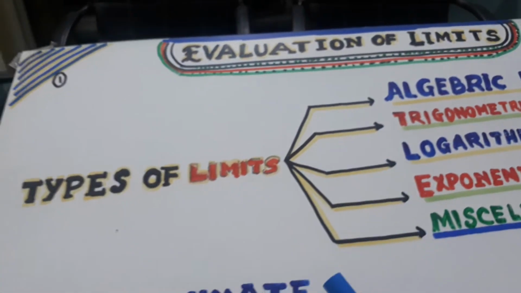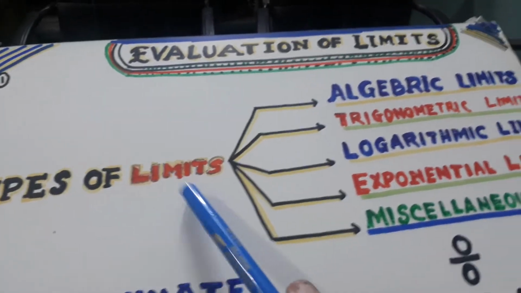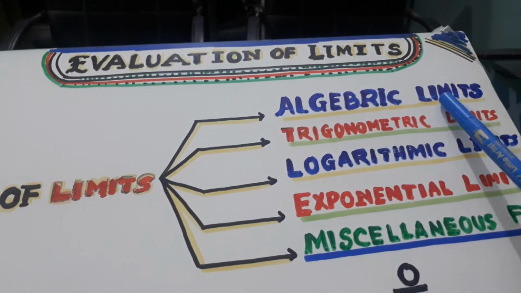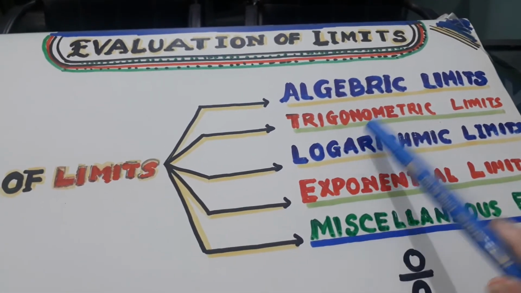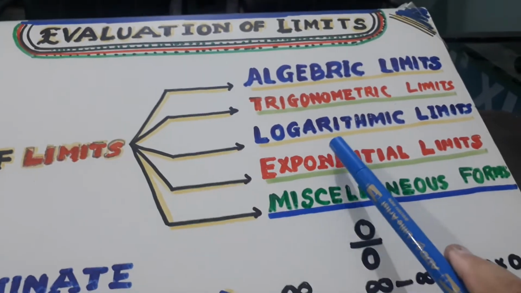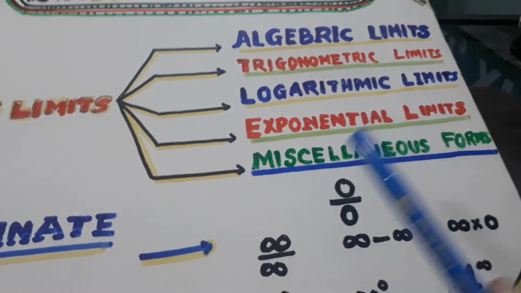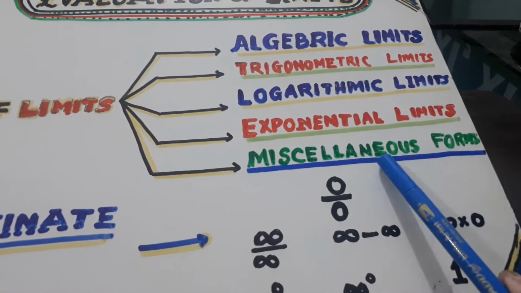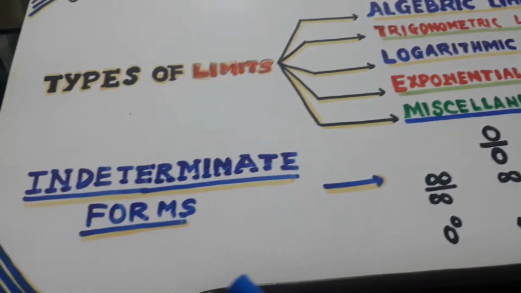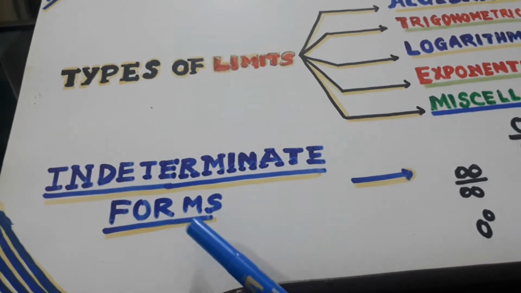Evaluation of limits. Types of limits: algebraic limits, trigonometric limits, logarithmic limits, exponential limits, miscellaneous limits. Indeterminate forms.